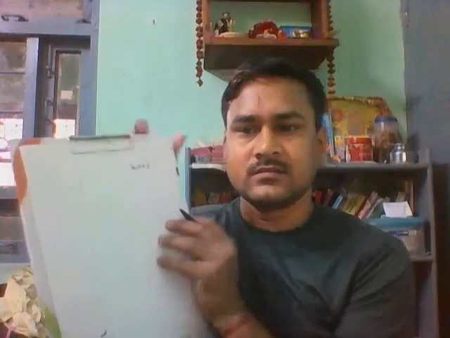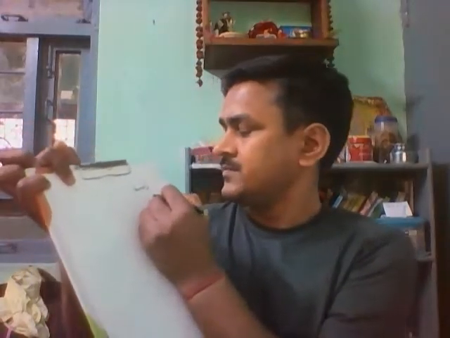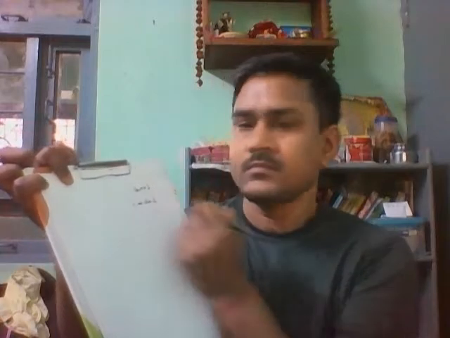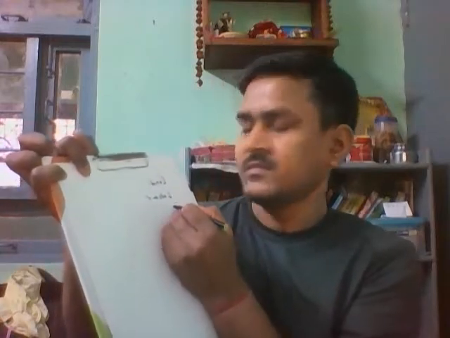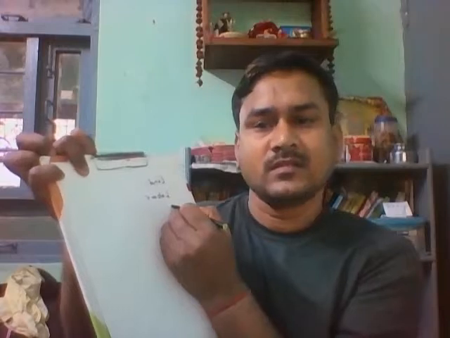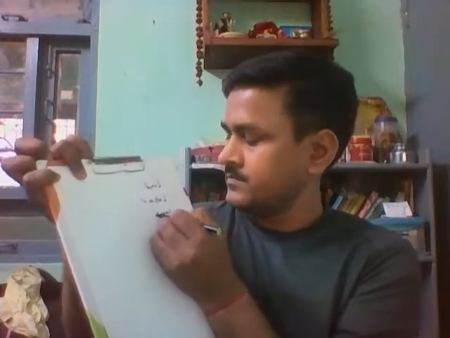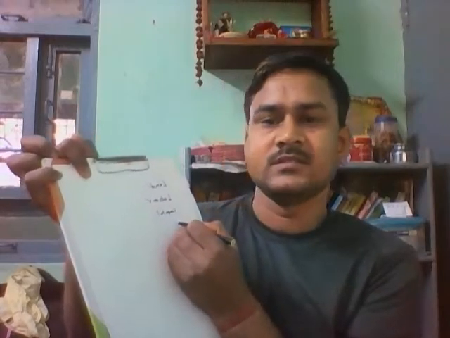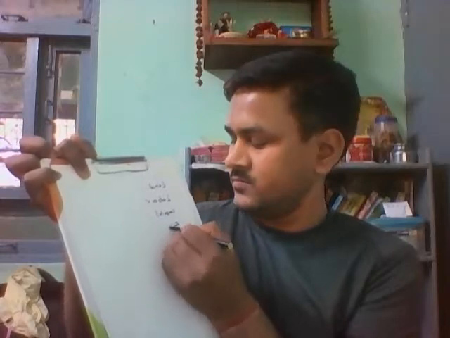Okay, in previous classes, like in class 9, you have read about the factors of production. There are four factors of production: land, labor, capital and entrepreneur.